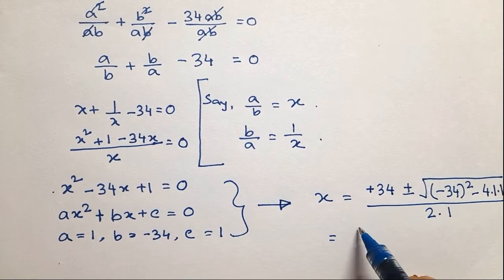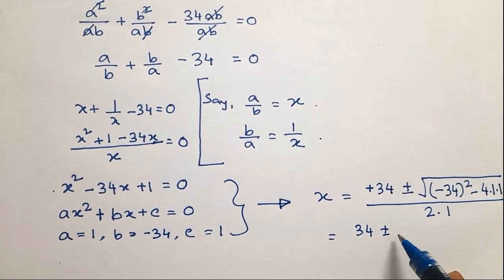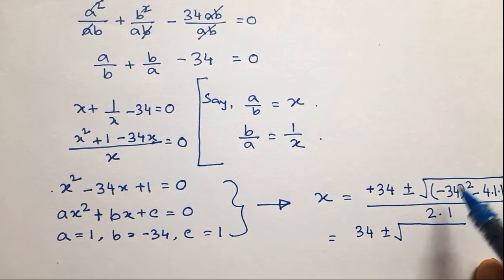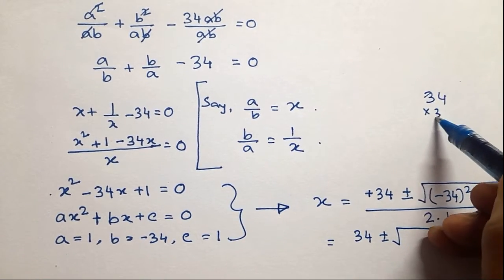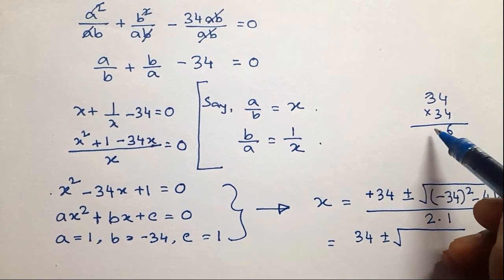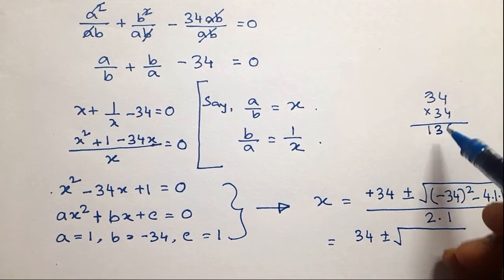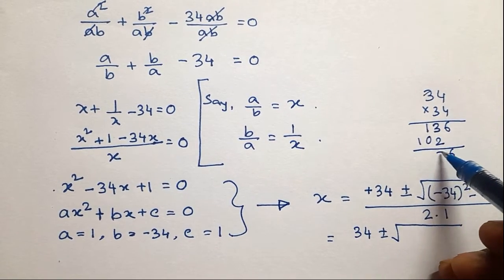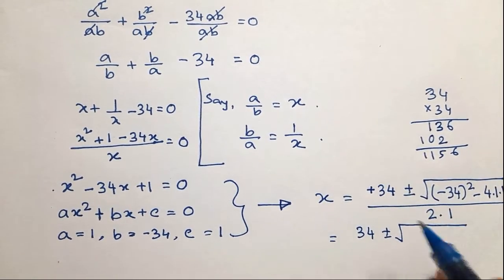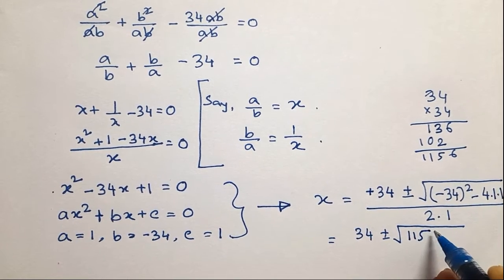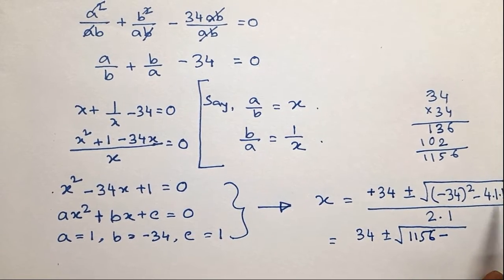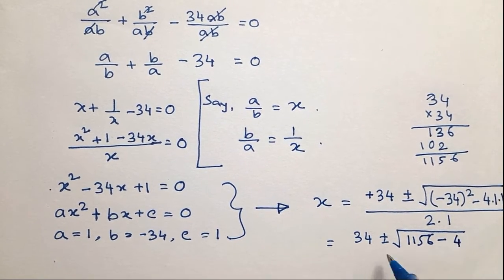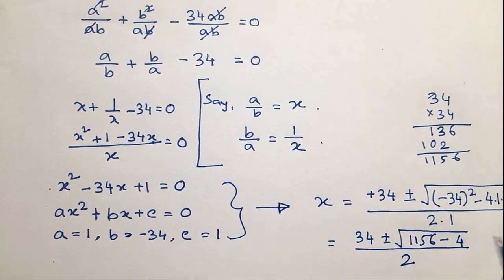So this value comes 34 plus minus this 34 whole square is 34 into 34, that is 1156. So it will become 1156 minus 4 into 1 is 4, divided by 2.